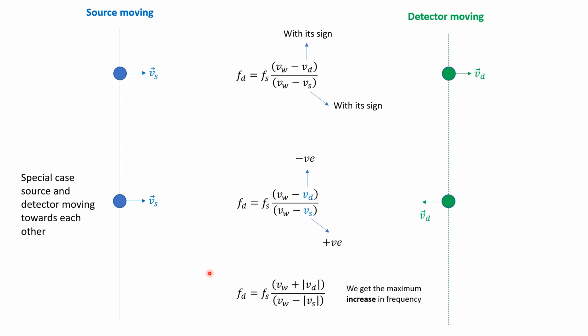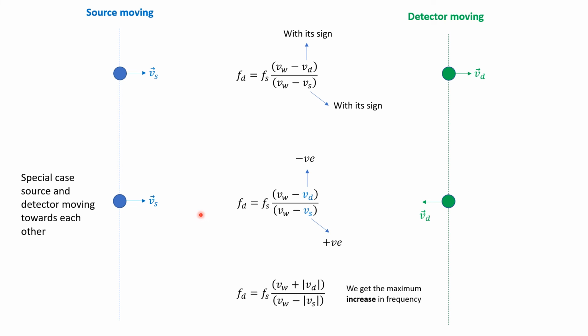Okay, let's look at this special case. What if the source is moving to the right and the detector is moving to the left? This is the case where you'll get a maximum frequency increase. Let's just intuitively see why, and think about it also from the drawings that we did before. When the source moves to the right, the wavelength gets shorter.